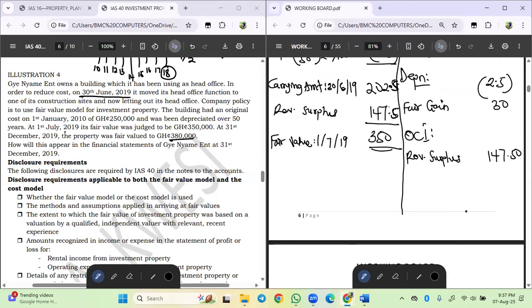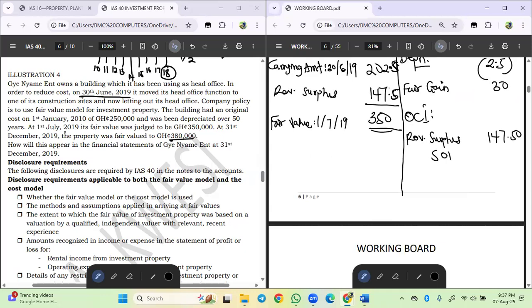In the statement of financial position, the PPE will be the investment property, because now it's not PPE again, it's investment property. What will be the figure?